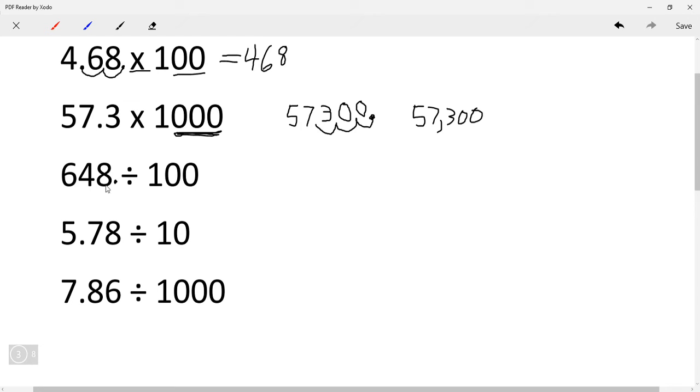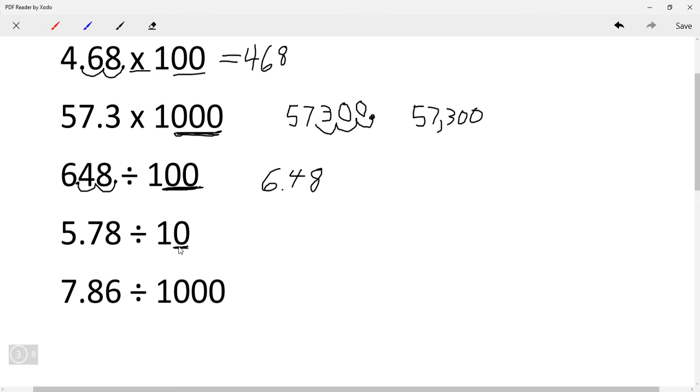So 648 divided by 100, we are dividing, so we're going to be moving it left, and we're hopping 2 times because there are 2 zeros in 100, so it's just 1, 2. And it becomes 6 and 48 hundredths.